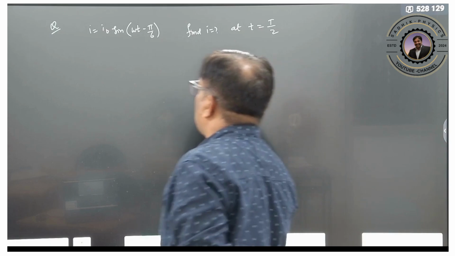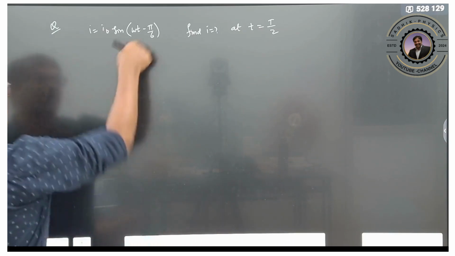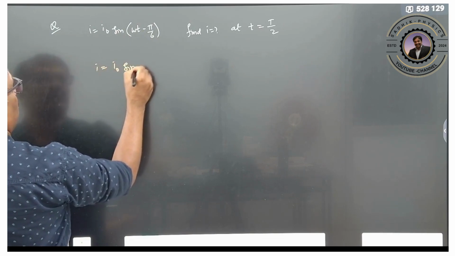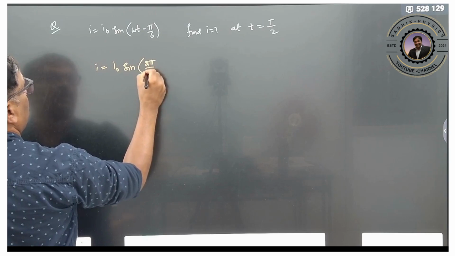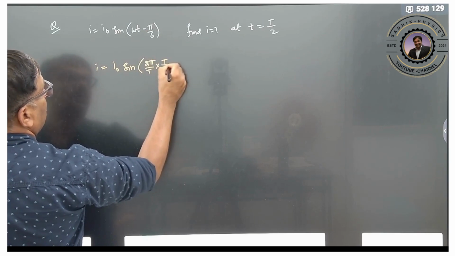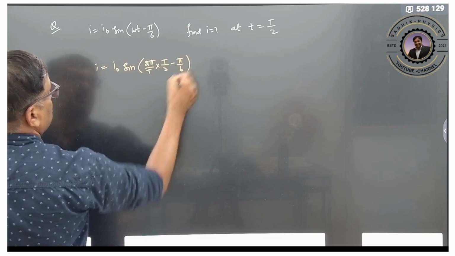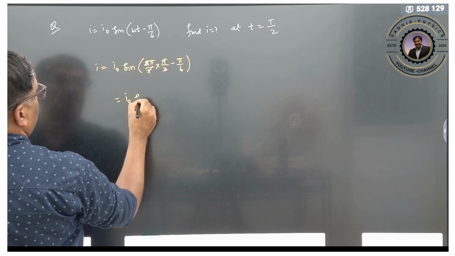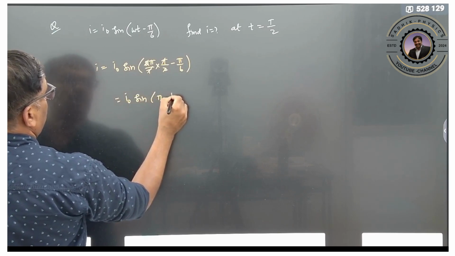So same type of question. Find I, here a phase is extra given. I is equal to again I naught into sine of 2 pi by T into t value, which is T by 2 minus pi by 6. So T cancels, 2 also cancels. Therefore I naught into sine of pi minus pi by 6.